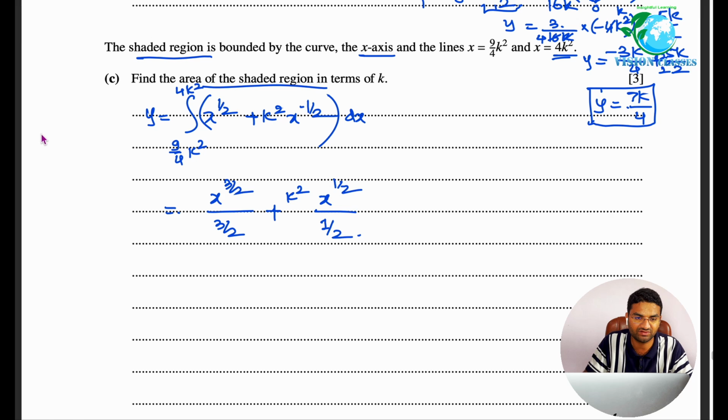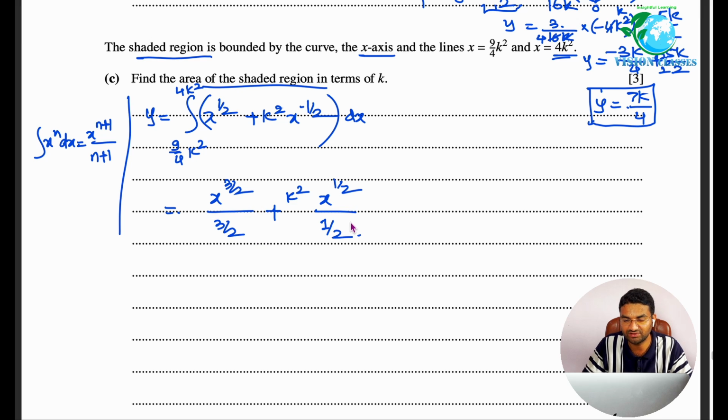Here again we have to use the integration of x raised to n dx formula. We have the formula x raised to n plus 1 upon n plus 1, so I have solved using this formula. Here you have to put the limits of this area, 9 by 4 k square to 4k square, right?